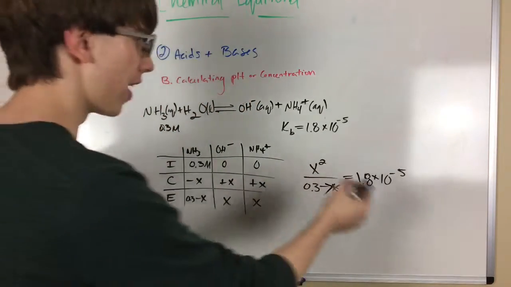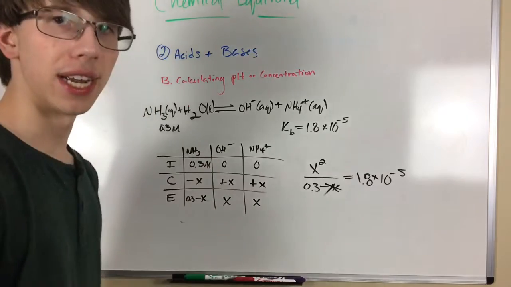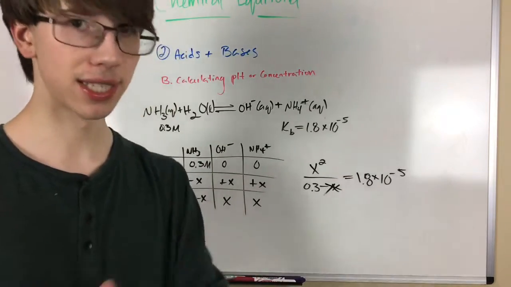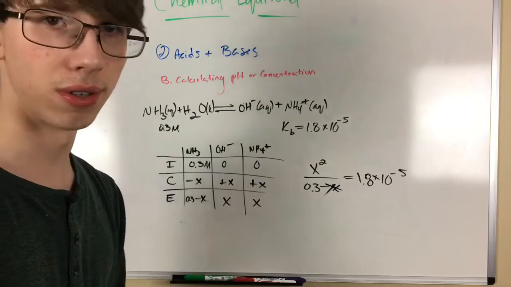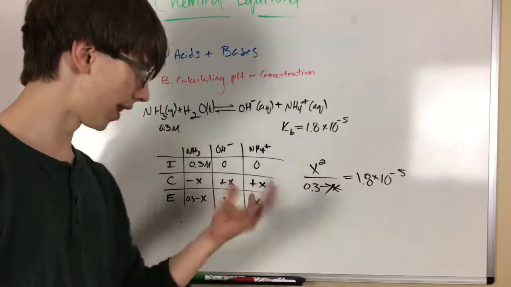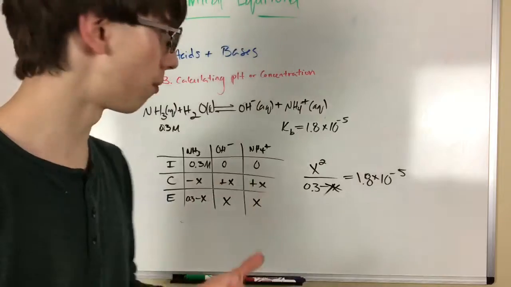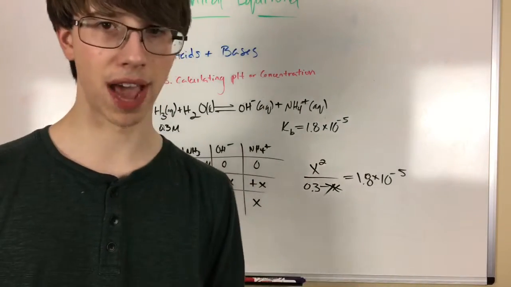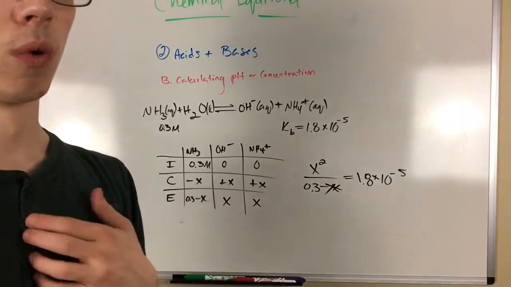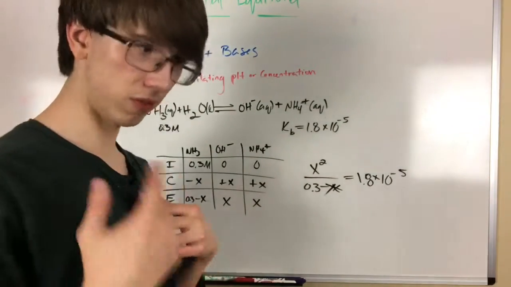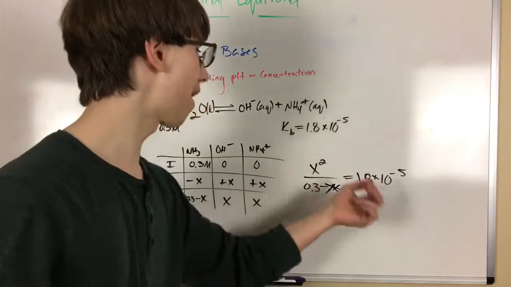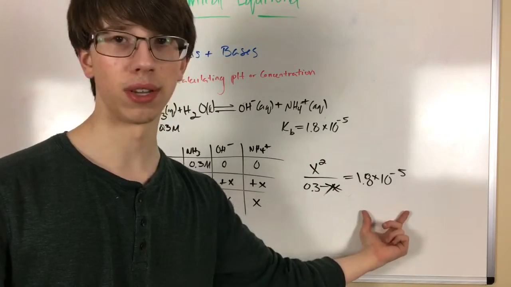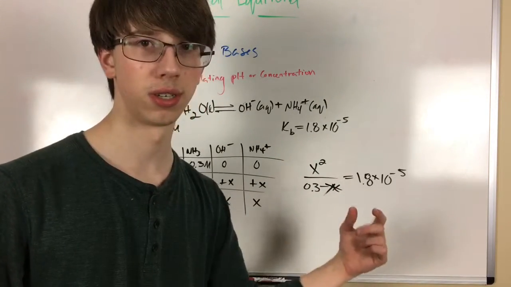And if that value divided by the original concentration 0.3 times 100% is less than or equal to 5, or somewhere around 5, then what you have is something that follows the 5% rule, meaning that the x does not really matter in that case. If you have something that's way more than 5%, like 10% or more, then you have to do the quadratic equation.